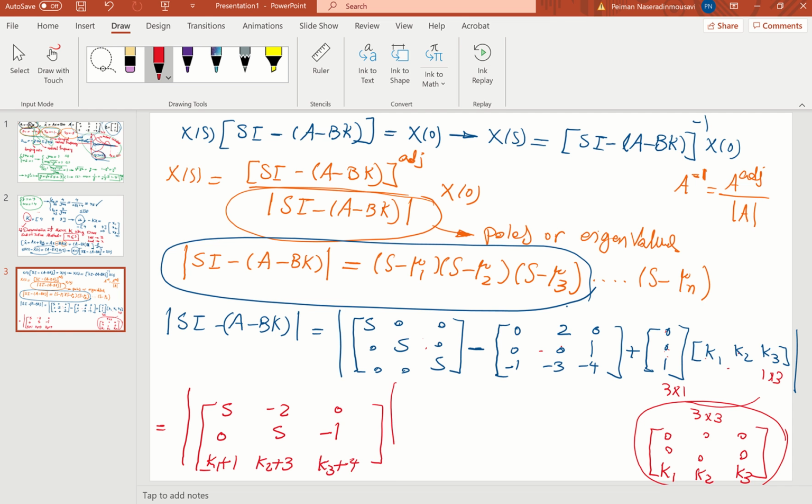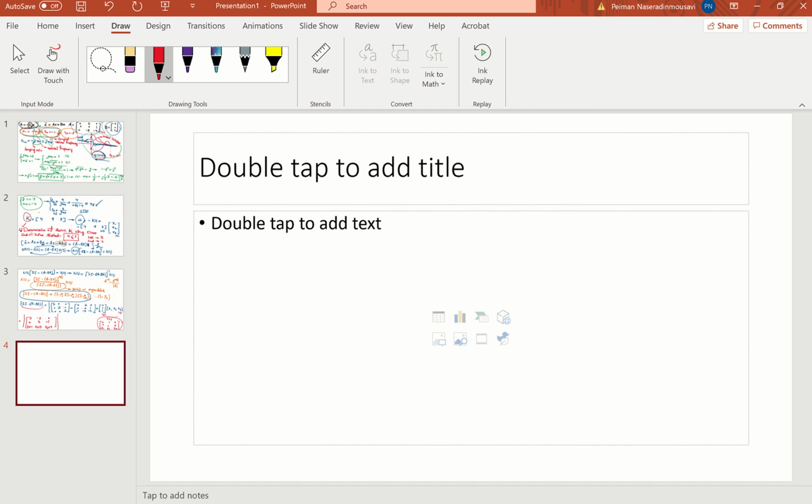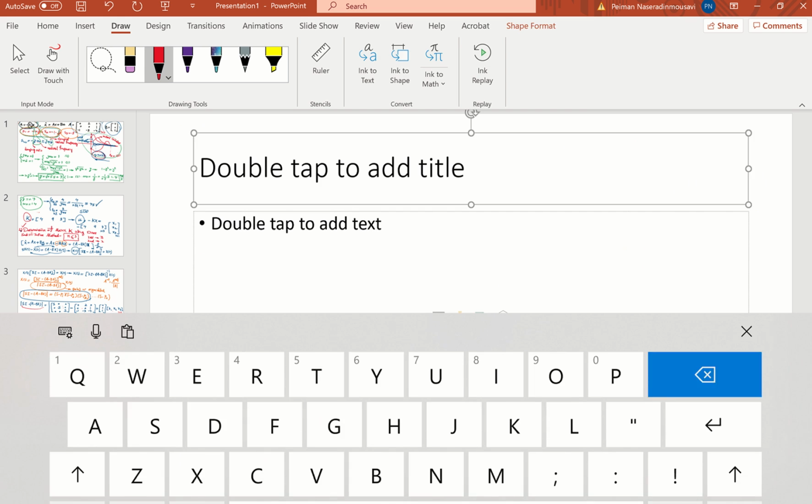We got it. This is the determinant of this side. Now let me go to the next page and calculate its determinant.